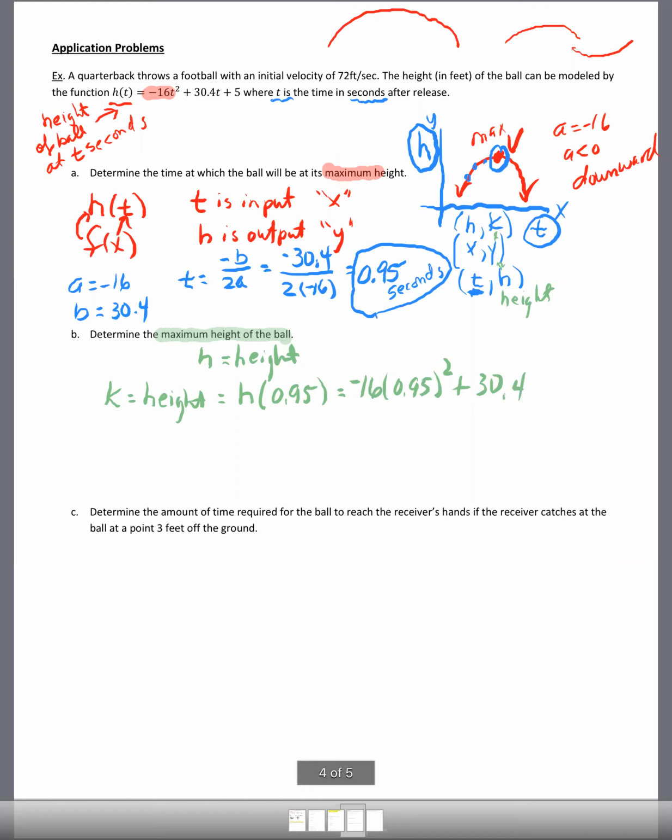Once you plug that value in, now go use your calculator. And let's see, how high was the ball when the quarterback threw it when it was at its highest? And I got 19.44.